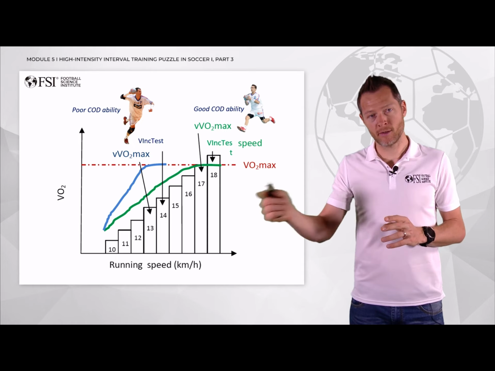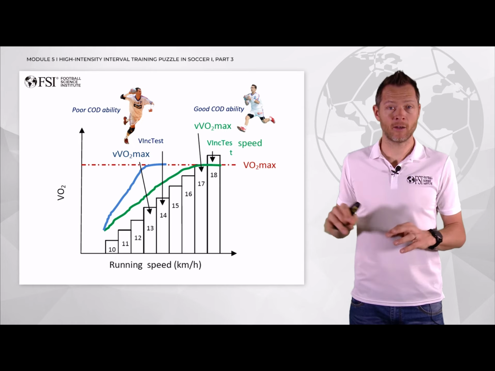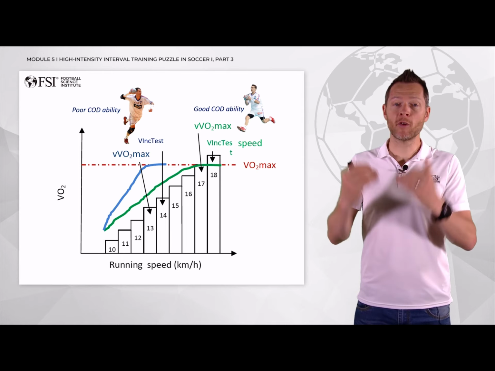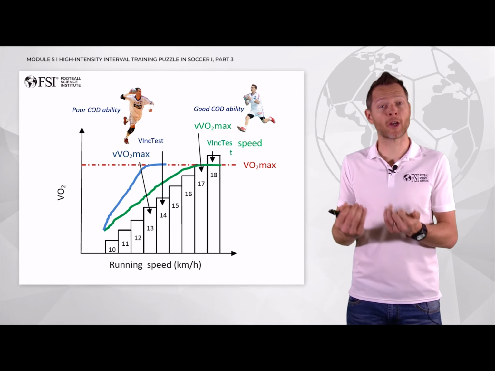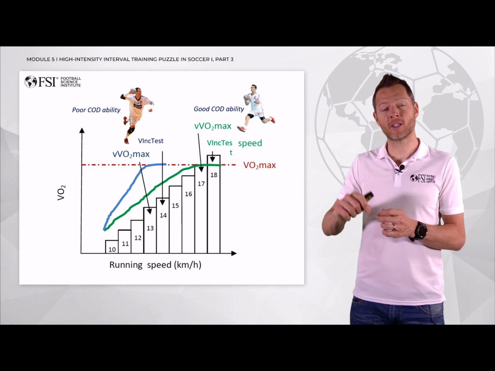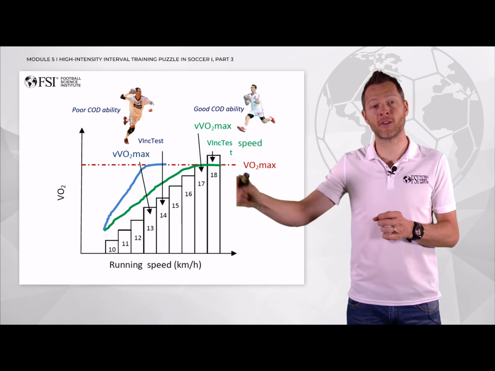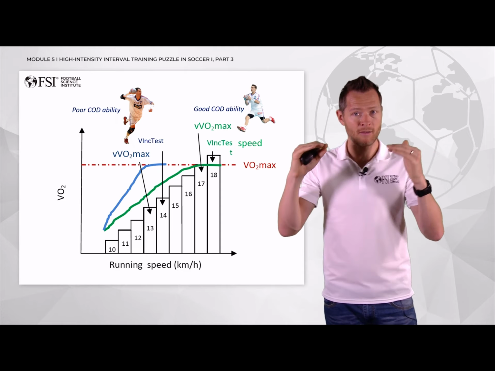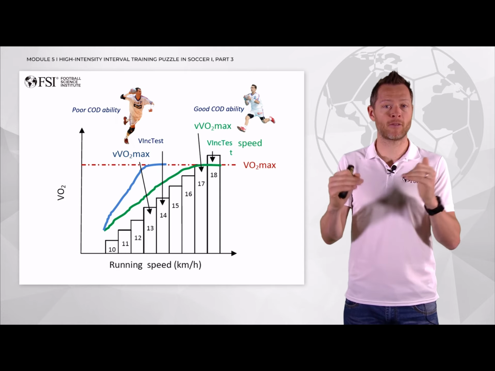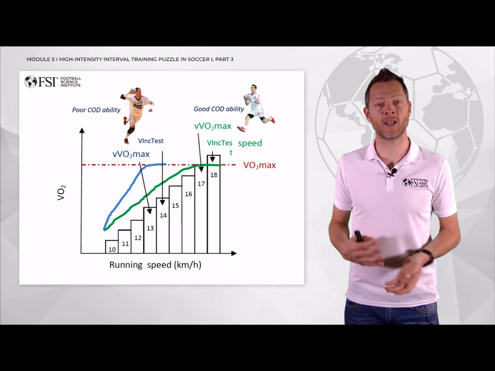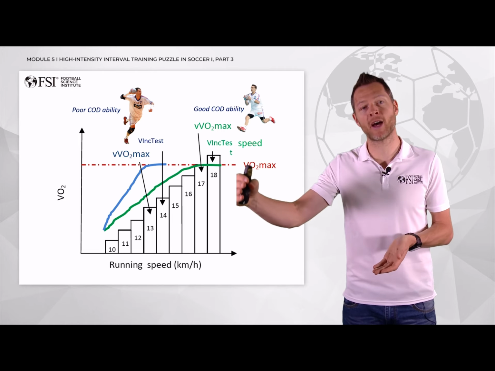We have the other player, way more agile, lighter, with better coordination. With the same VO2 max, because he's more economical, he will be able to reach a way faster speed on the test, even though both of them have the same capacities in terms of VO2 max. But the second one has a better locomotor efficiency, so he will reach a higher speed.